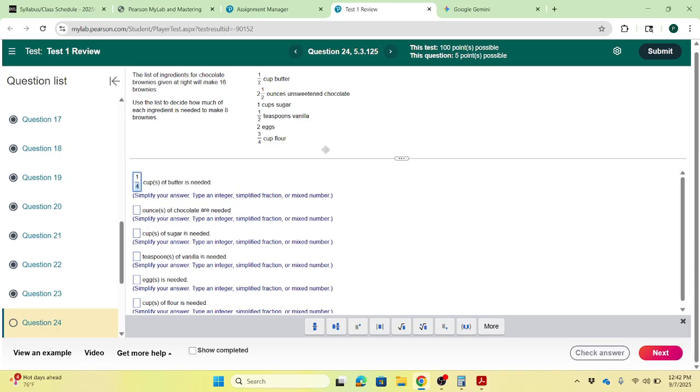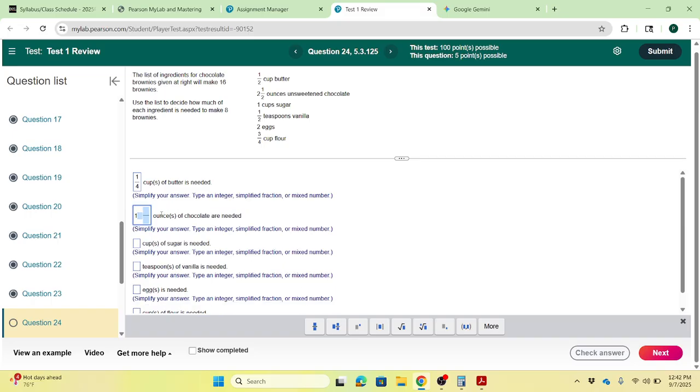Chocolate would be half of 2 and a half. What is half of 2? It's 1. What is half of half? It's 1/4. So half of 2 and a half is 1 and 1/4.